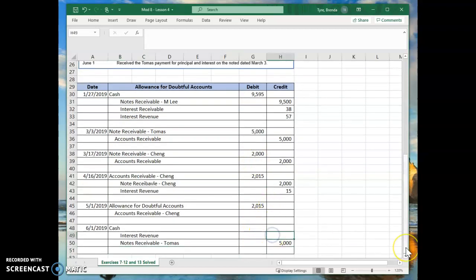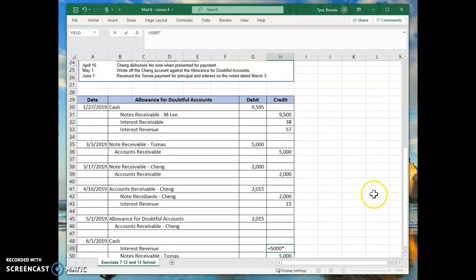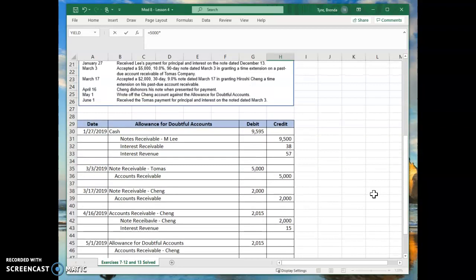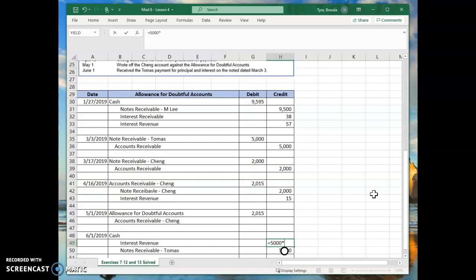Interest revenue is going to be the 5,000 times, what was that one? 10% times 90 divided by 360. So $125, and cash that we received then is the sum of the two of those.